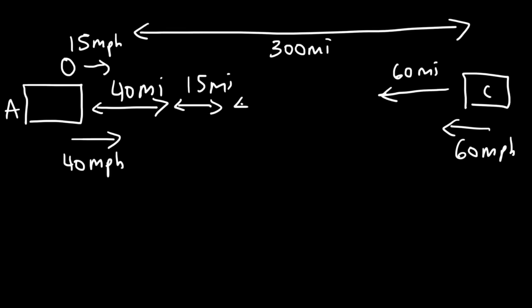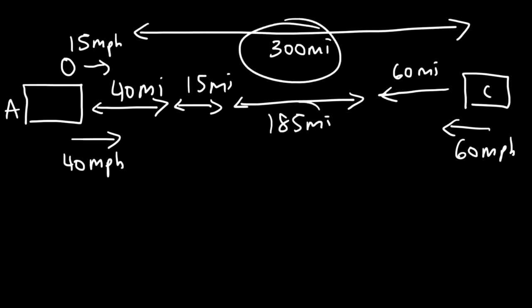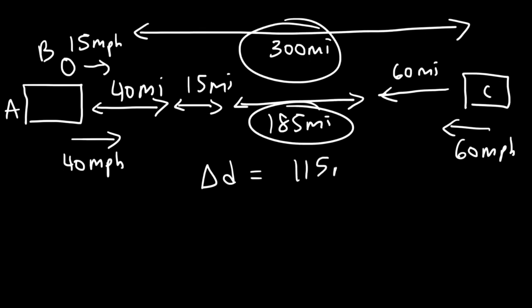So therefore, the distance between the two cars is no longer 300, but it's 300 minus 115, which is 185. So in 1 hour, the distance between the ball and car C went down from 300 to 185. So the distance changed by 115.